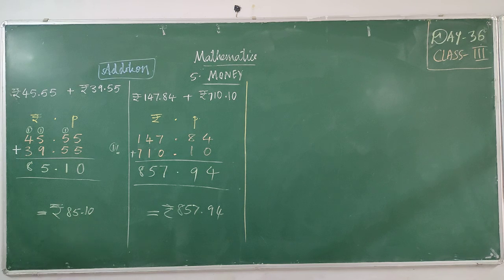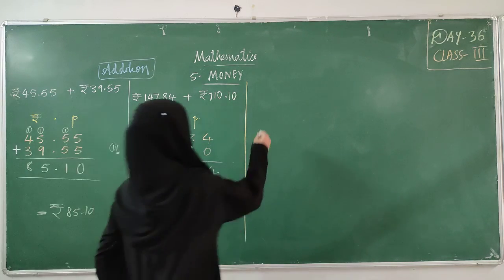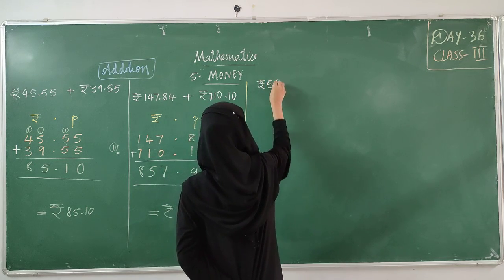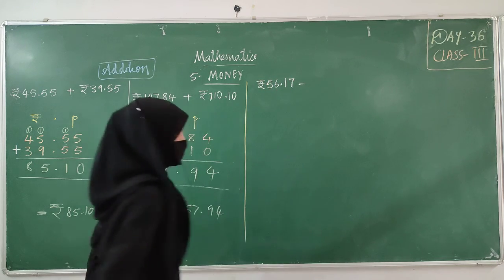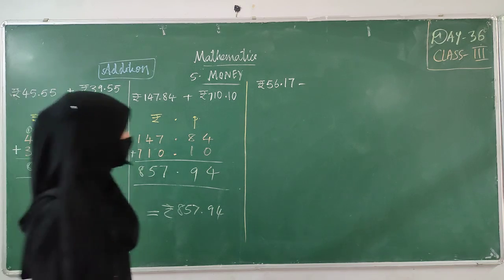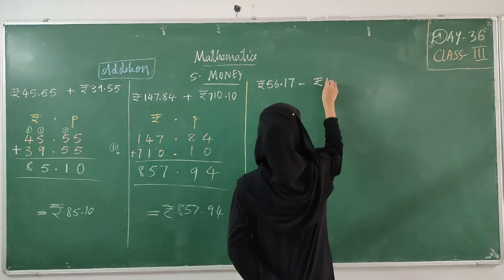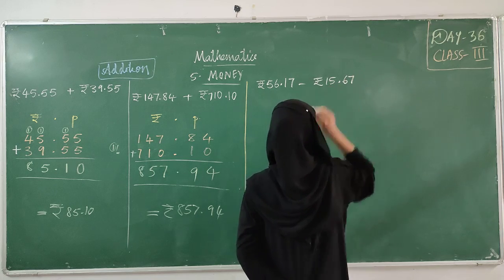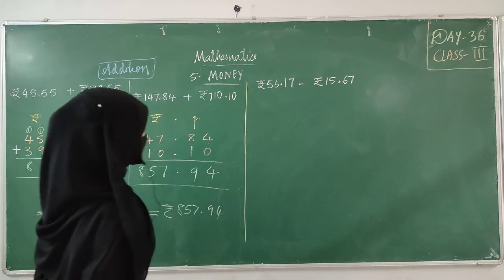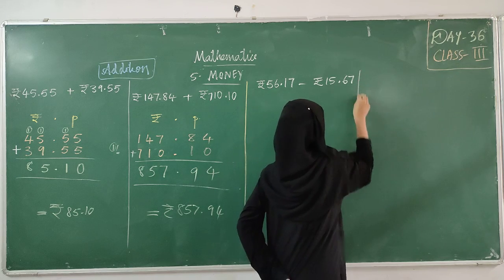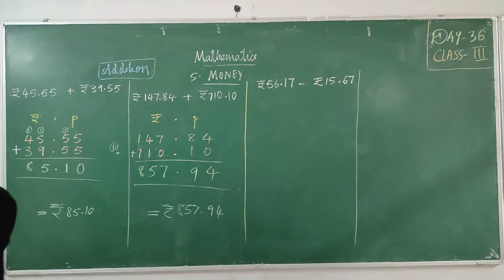Now I'll put 2 questions for subtraction. Okay. 56.17 subtracted from 15 rupees 15.67. Okay. Then one more question I'll add with a 3-digit number.